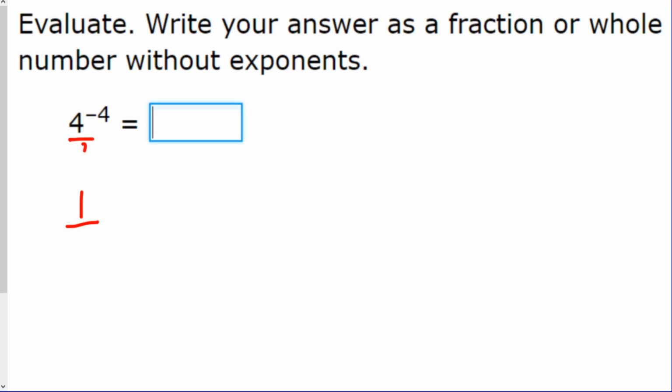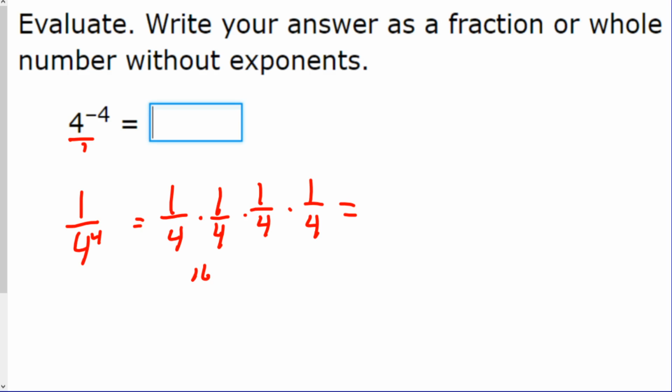So 4 over 1, if you flip that over, you get 1 over 4 to the 4th, which is the same as 1 over 4 times 1 over 4 times 1 over 4 times 1 over 4. 4 times 4 is 16. Times 4 is 64. Times 4 is 256. Yep. So that is 1 over 256.